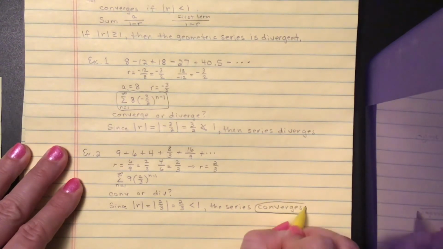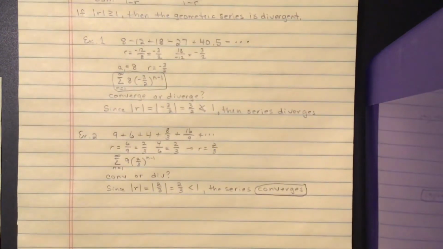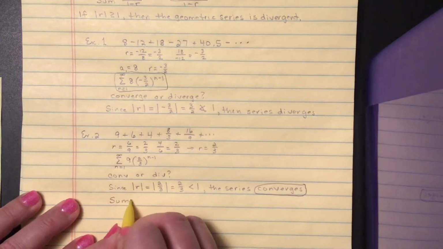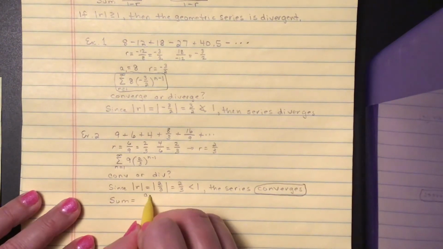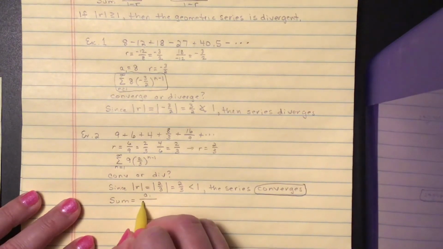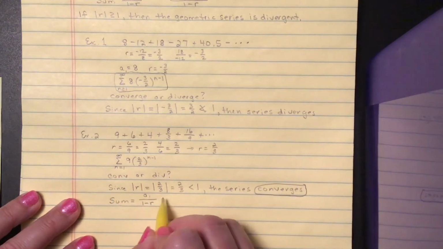Once we know the series converges, we're expected to find the sum of the series. The sum of the series is always the first term divided by 1 minus the common ratio.